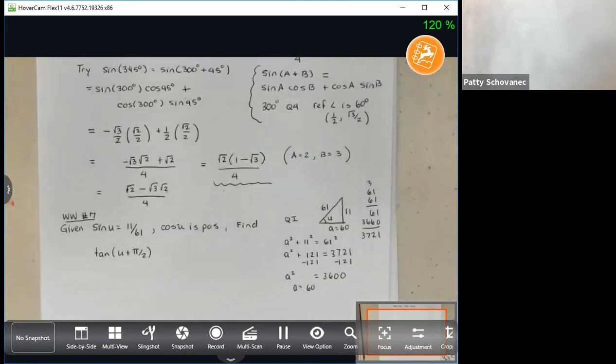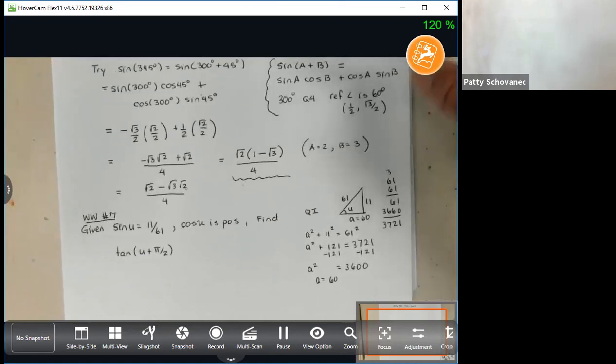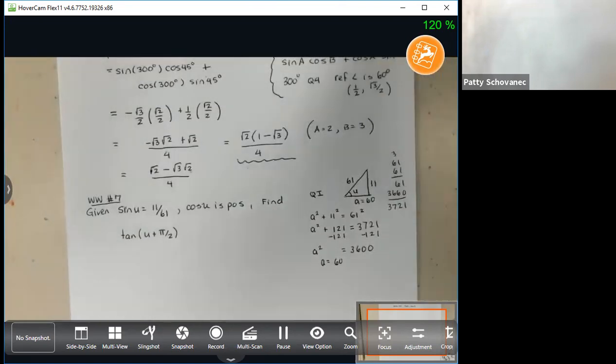Now I'm going to find my identity for the tangent of U plus pi over 2. I'm going to use the tangent of A plus B formula.